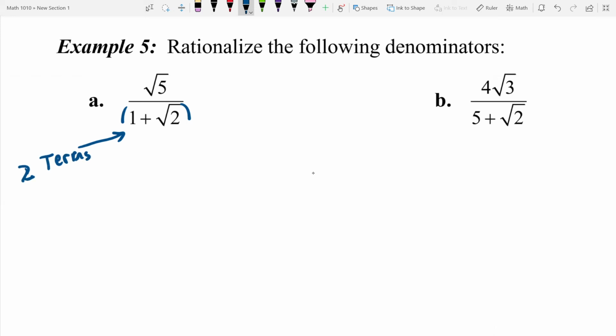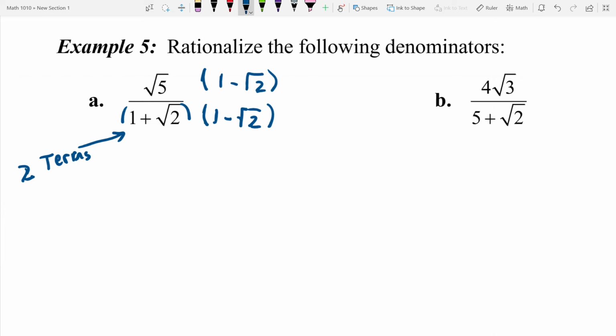If you have 2 separate terms, you have to multiply by 2 terms. And it's going to be the conjugate. So you're going to multiply by 1 minus the square root of 2, and you're going to do that to both the top and the bottom. 1 minus the square root of 2.